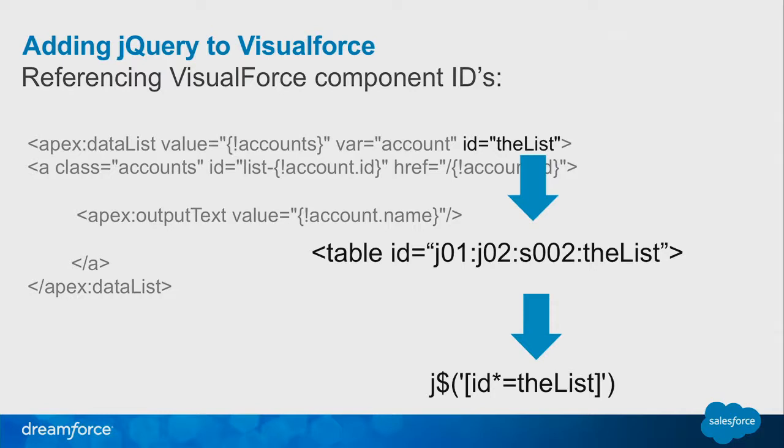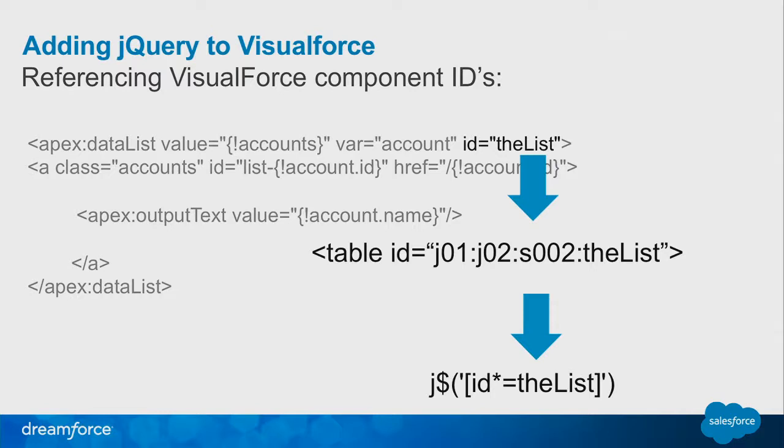But if you have existing Visualforce pages which are generating a lot of components, and you're trying to find that component within jQuery, Visualforce is actually going to try and get in your way. The reason is that when we convert that data list to an actual table, it has to be very comfortable that it's finding the ID.